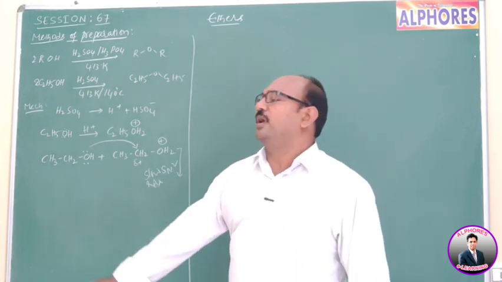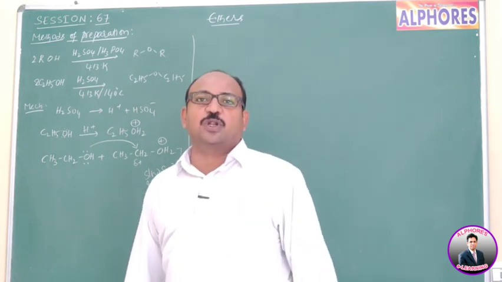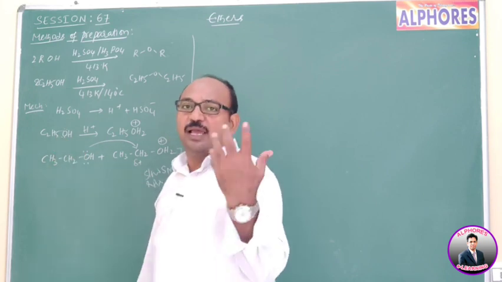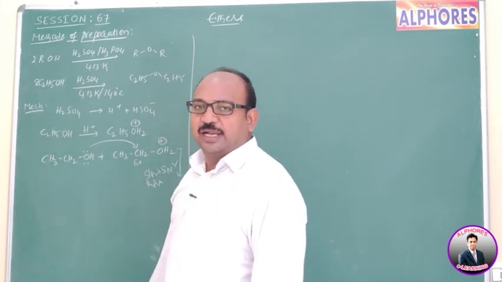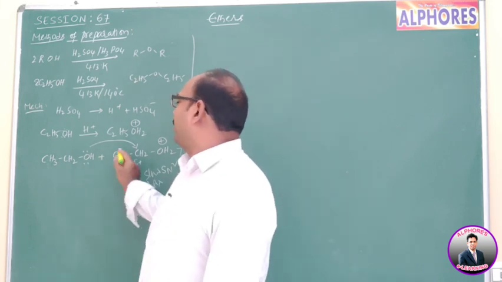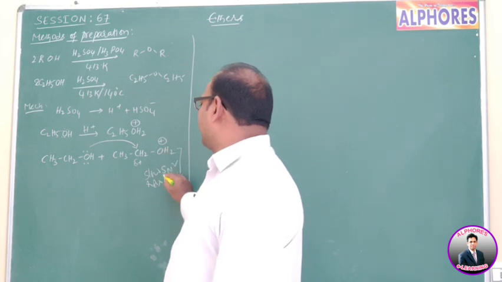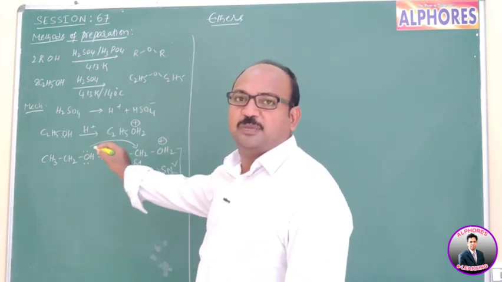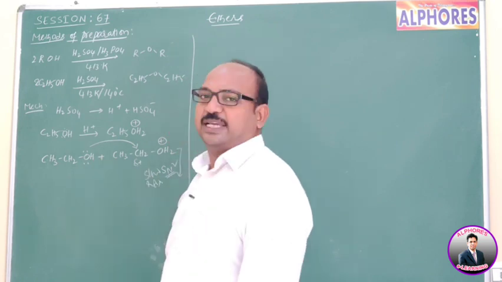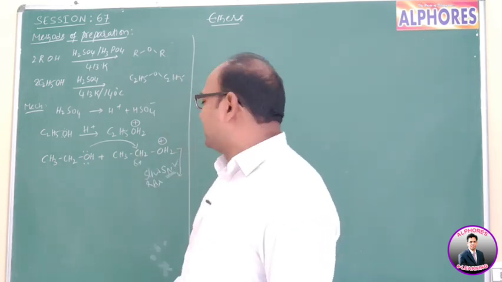Once again, H2SO4 shows its acidic properties and gives a proton and HSO4 minus, and that proton is absorbed by alcohol and converts into C2H5OH2 plus. Upon this C2H5OH2 plus, another molecule has to come and attack, and this reaction is SN2, nucleophilic substitution bimolecular. This is the slow step, the rate-determining step.